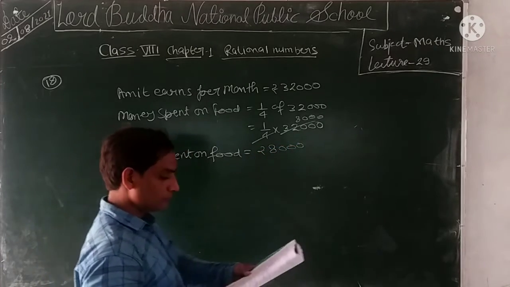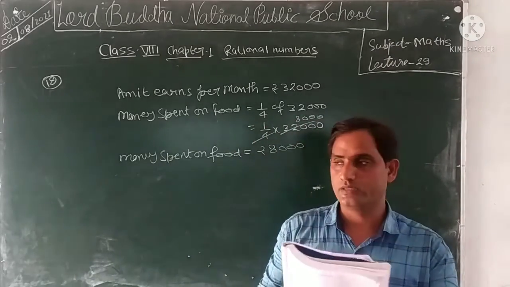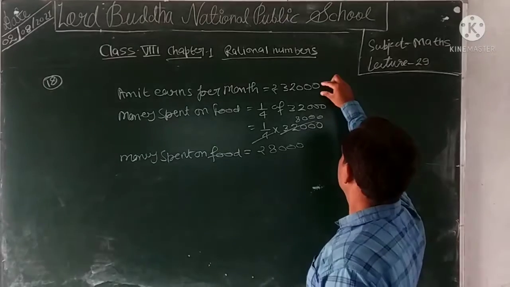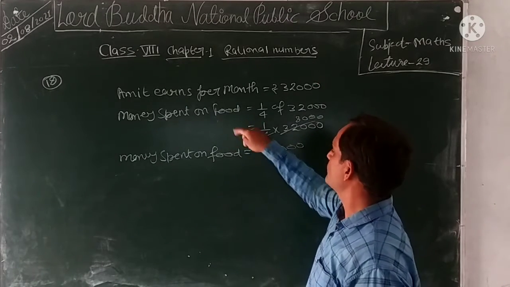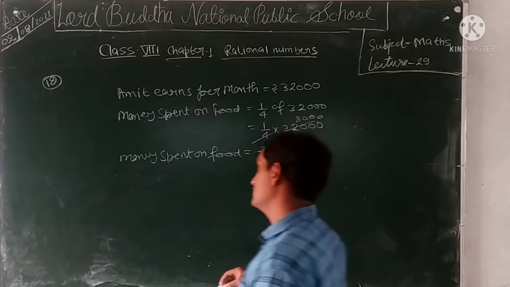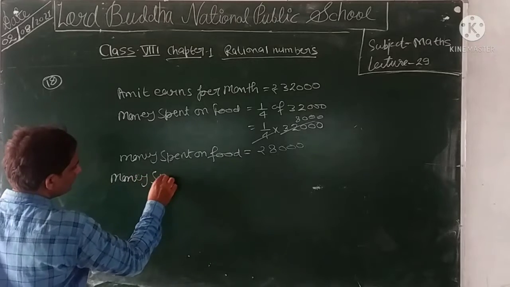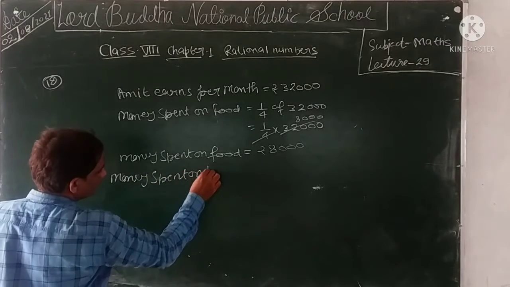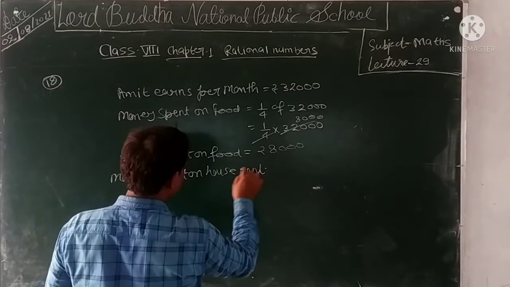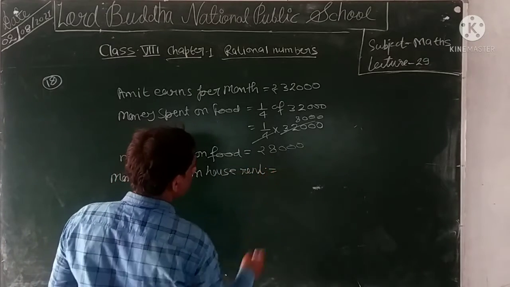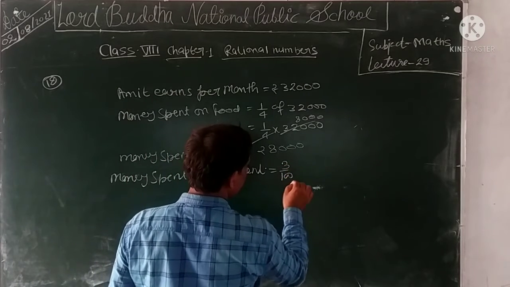Now, 3/10 of the remainder on house rent. Remainder means 32,000 minus money spent on food, 8,000. So money spent on house rent is 3/10 of the remainder.